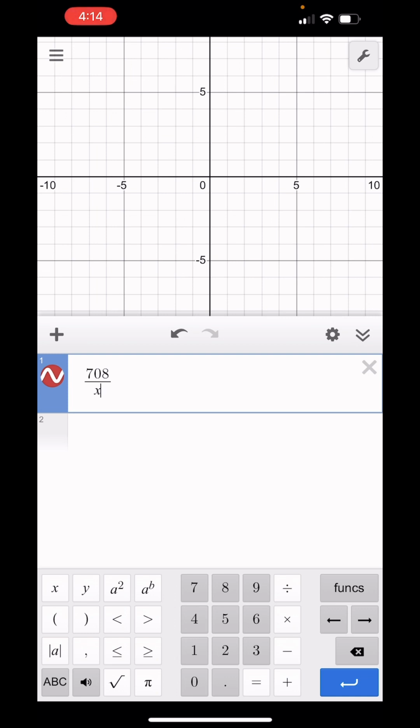Wait a minute, r to the negative 1. Okay, so that means just over. I'm using x instead of r. So now we say plus 4 pi r squared. So I'm using x squared. All right, so we got 708 over x plus 4 pi x squared.